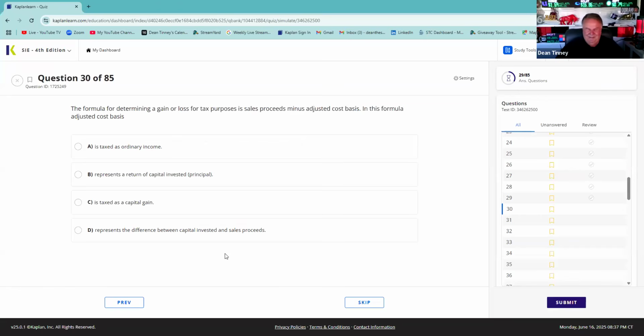The formula for determining a gain or loss for tax purposes is sales proceeds minus adjusted cost base.